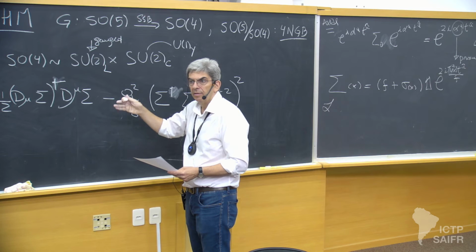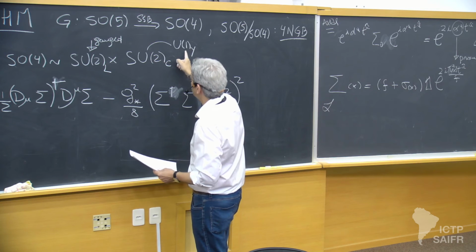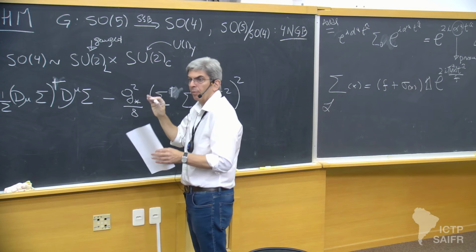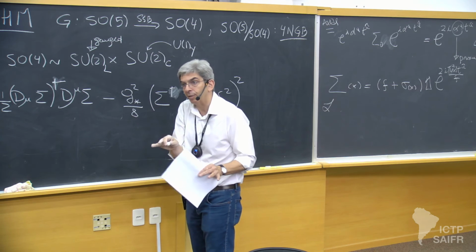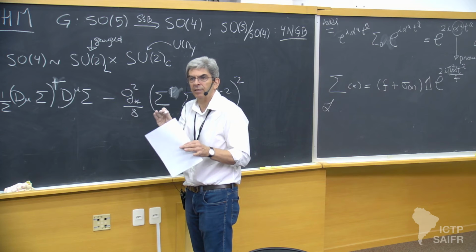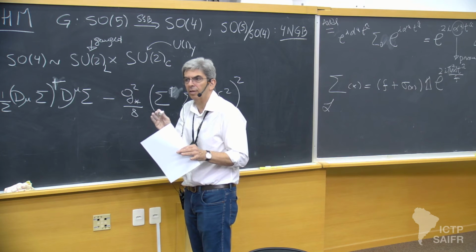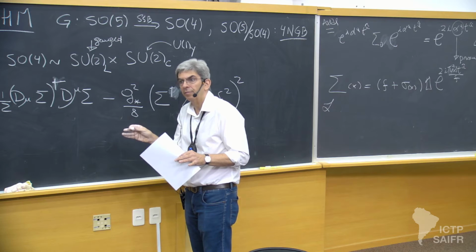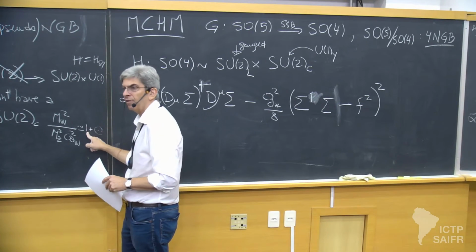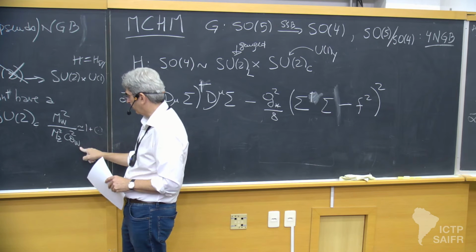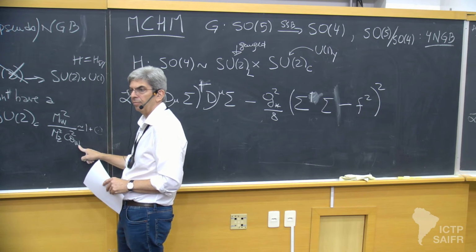Yes. The custodial symmetry is an exact symmetry in the limit of g prime equal to 0, right? Yes. But when you put in g prime, you still have this 1 here. Because it's the cosine, yeah.